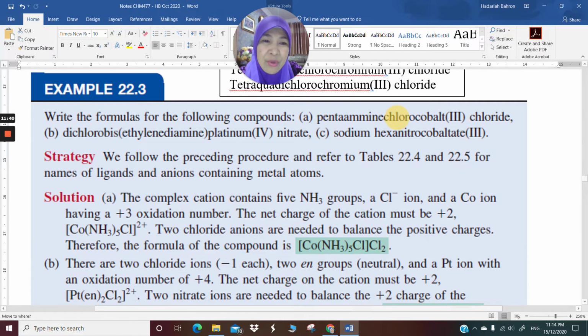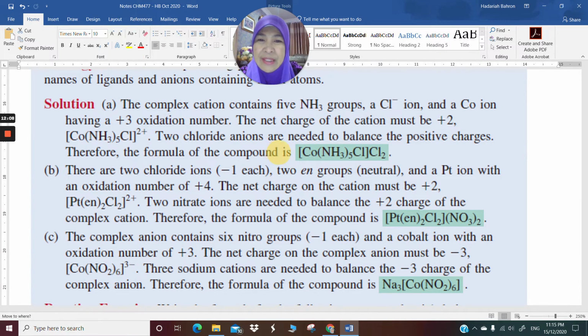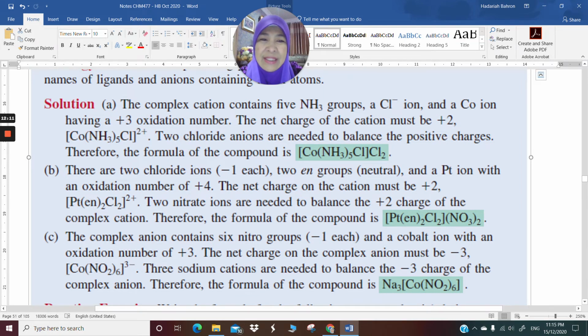The charge of chloro is -1. Cobalt 3 has a charge of +3. This chloride must be 2 because 0 minus 1 plus 3 minus 2. Yep, that's how you balance the charges. So you go through the explanation given in here.